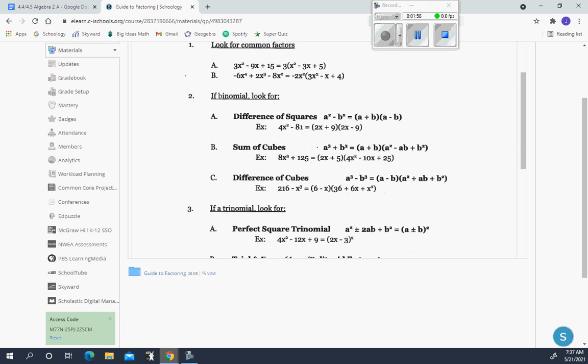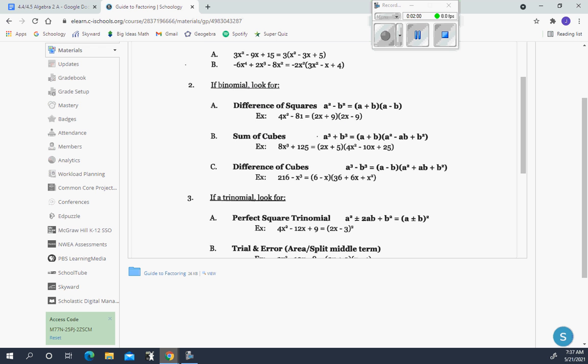In a binomial, we're really focusing just on these two here, sum of cubes and difference of cubes. Okay, cube numbers. Here they give the example 8 and x cubed. X cubed is a cube number, right?